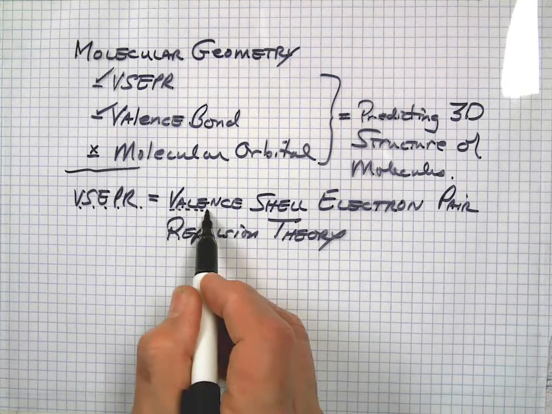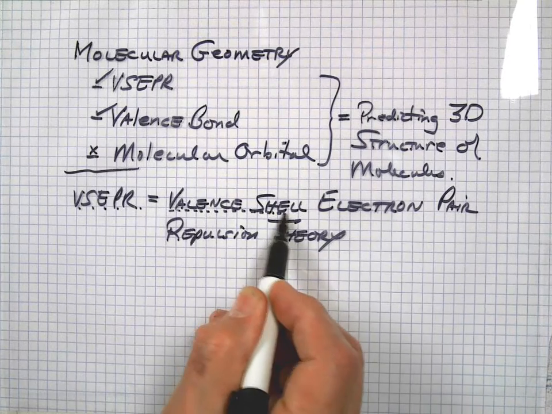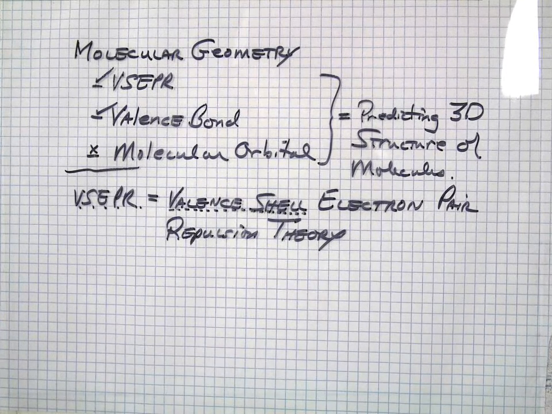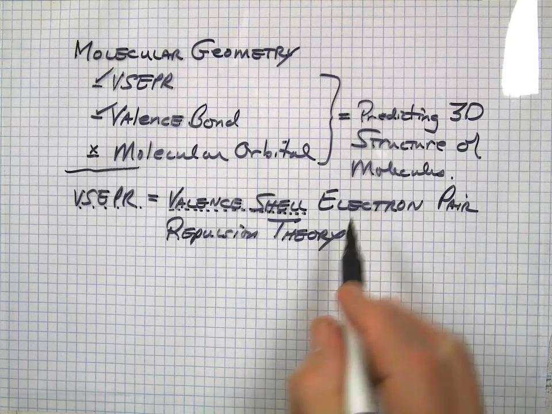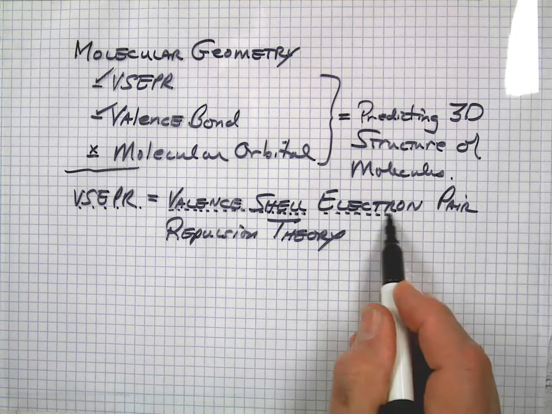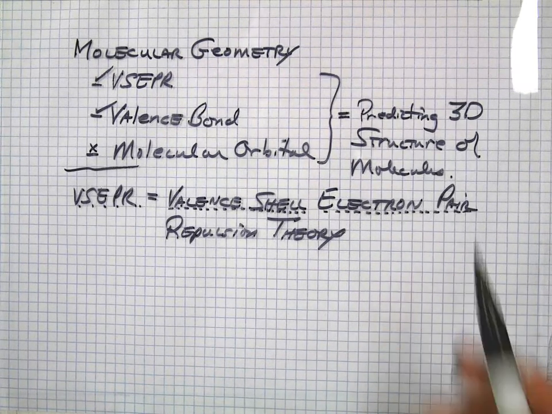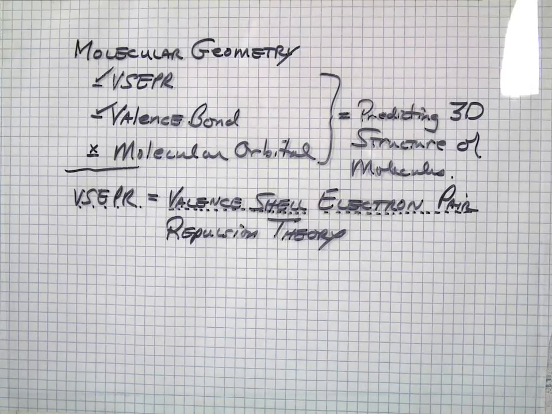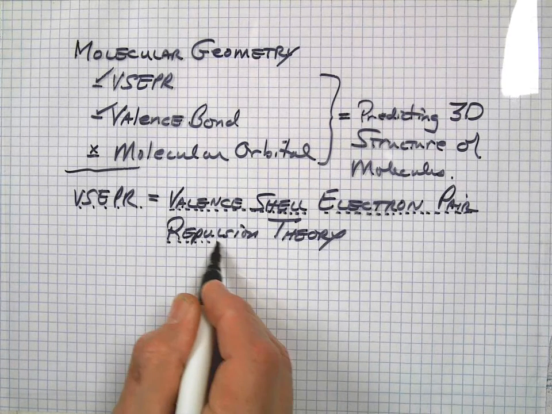So valence shell is an operative phrase or pair of words. Electron pair is the second operative word. Valence shell electron pairs are undergoing repulsion.